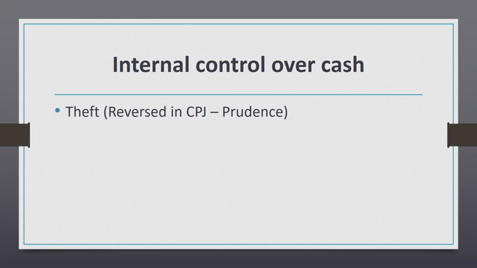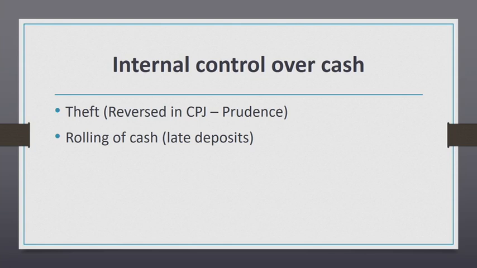And that will be the prudence GAAP principle that applies here, the more conservative. We can't keep that cash on our statement of financial position as if we have that money. If we lost it, if there was theft, then we have to reverse it in the CPJ.